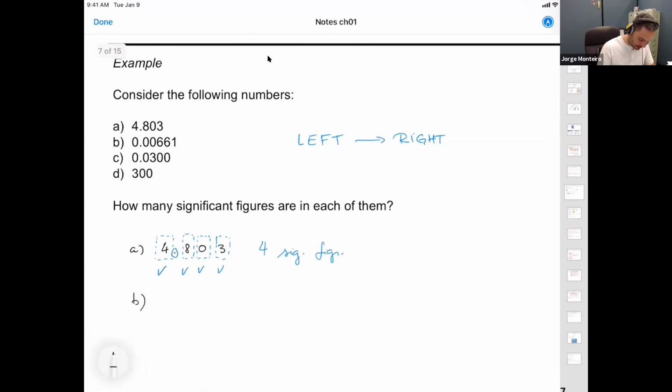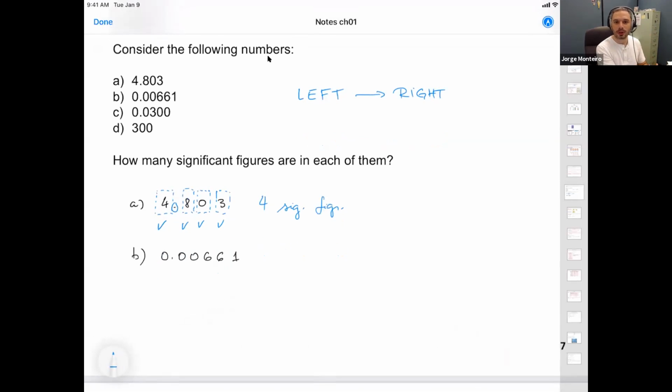Okay, second example, 0.00661. Always look left, move towards your right. So the first digit is a 0. So that's not going to be counted. After the 0, we have another 0, not going to be counted as well.